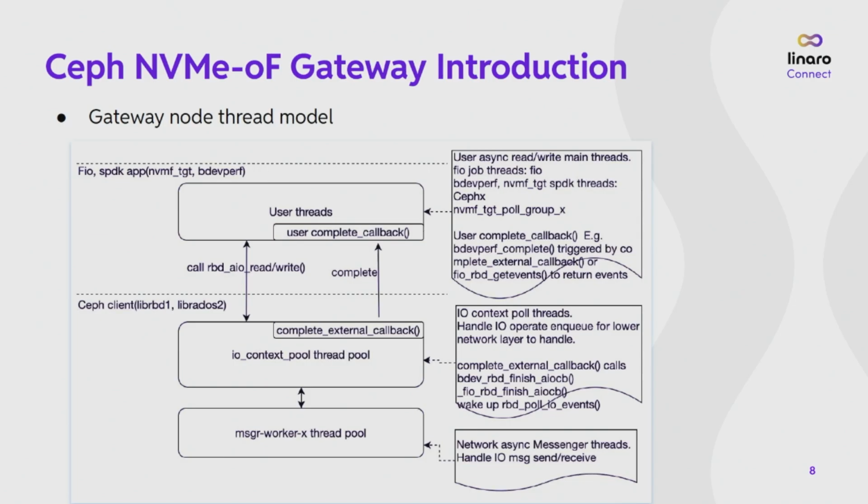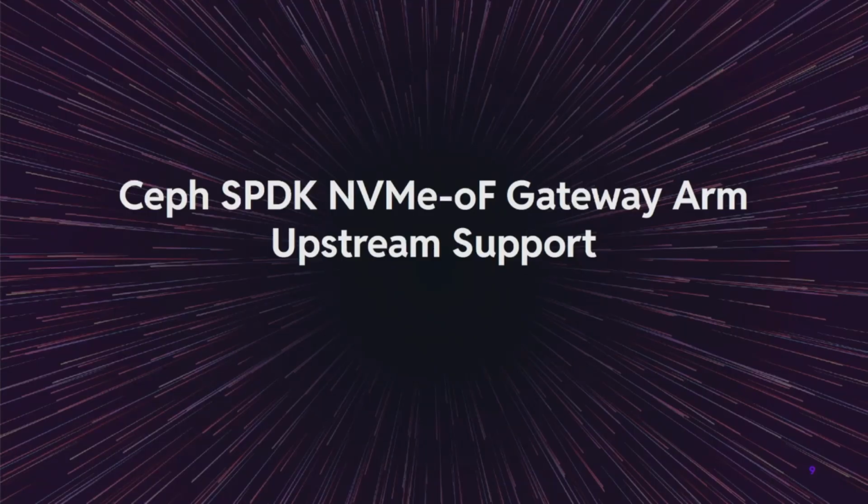There are also some Ceph client threads, such as the IO context poll threads, which handle the I/O operations and queue them for the lower network layer to handle. And the network async messenger worker threads handle sending and receiving the I/O messages. This is the thread model.